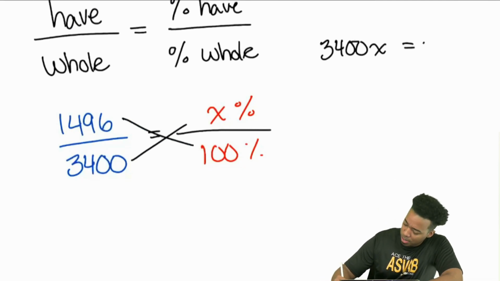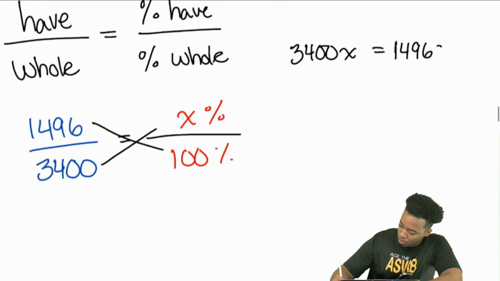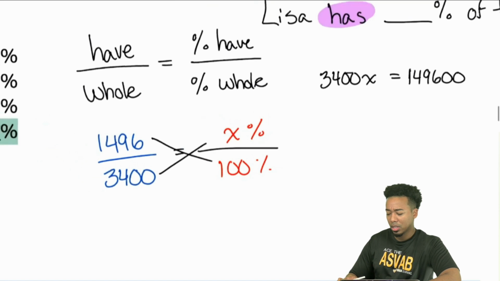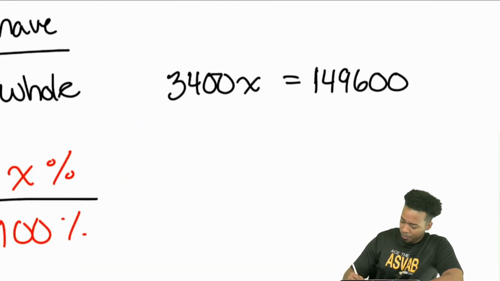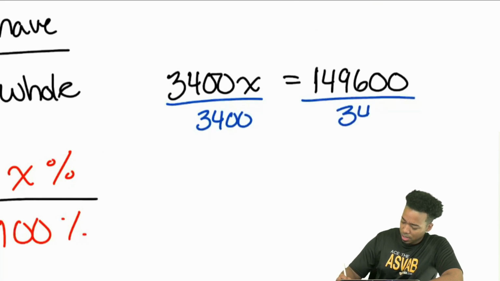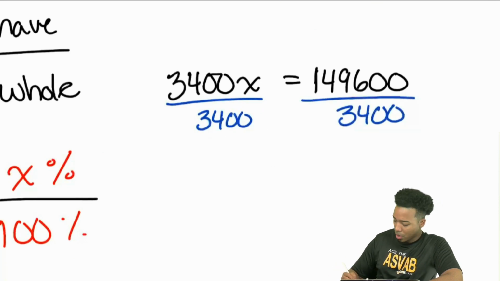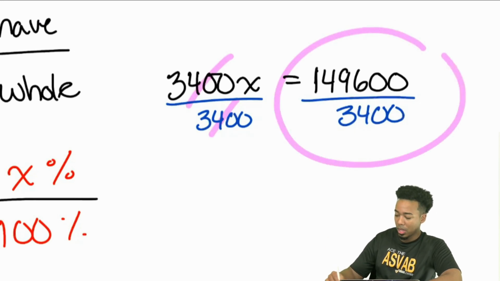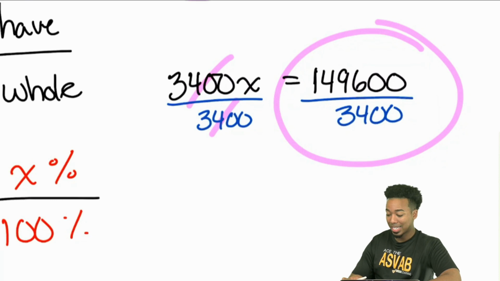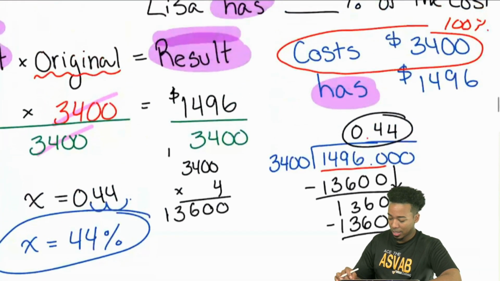So that'll end up being 1,496 with 2 zeros at the end, which, doesn't that look awfully familiar if we solve? If we divide 3,400 on both sides, look at how it's the same exact thing that we did earlier. That's the same exact thing that we did earlier.